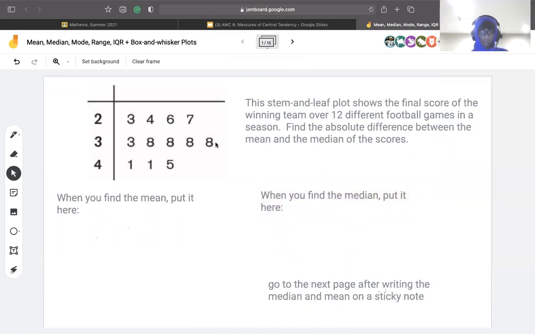Yeah, so, all right, so the first question. This stem and leaf plot shows the final score of the winning team over 12 different football games in a season. Find the absolute difference between the mean and median of the scores. So you guys can put the median and mean on sticky notes, and then go to the next page and write your answer for the absolute difference on a sticky note.